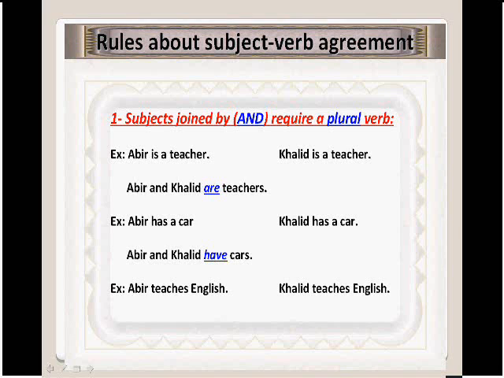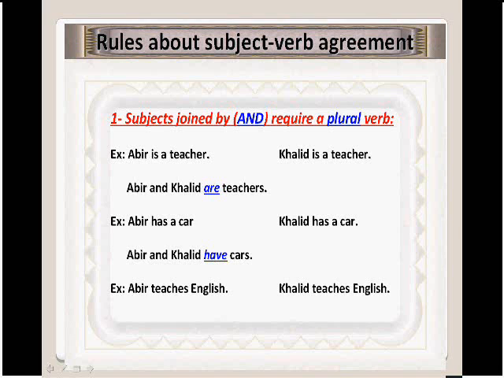Here, if I remove Abir and put another pronoun, it's going to be she teaches English. So then I have to put S to the verb, and in this case of course it's not S, it's ES because the verb ends in CH. Okay, so I have to put ES.